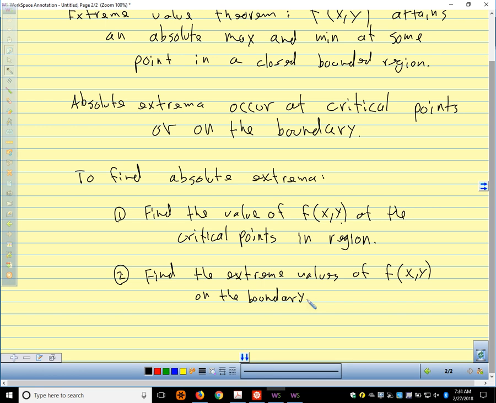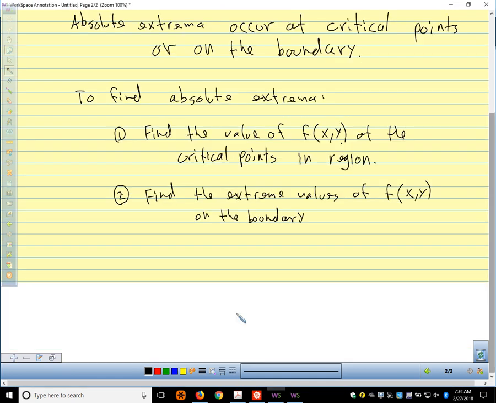So then we're finding the extreme values on the boundary. Now the interesting thing that happens is, for example, if part of the boundary is a line segment, we find the extreme values on the boundary, and we also have to then test the endpoints of the boundary. So there's another layer that we have to go through to find these extreme values.